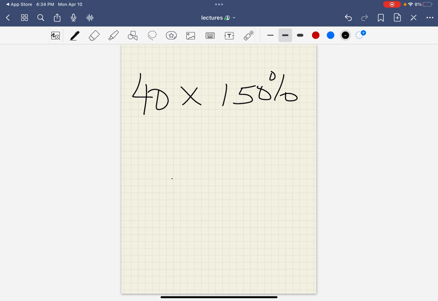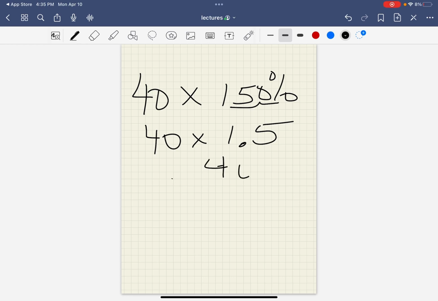And that'll tell us how much each dress is marked up. If we want to know the total cost of the dress, we have to take that amount and add it to the original amount. So this is 40 times 1.5, because remember you have to move the decimal 2 places over to the left.